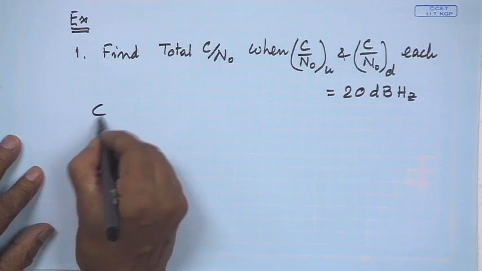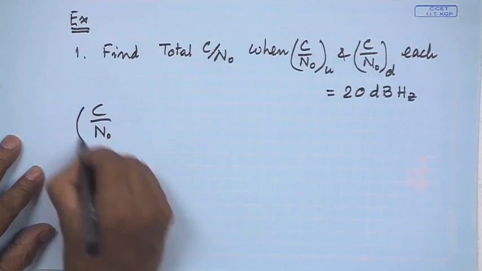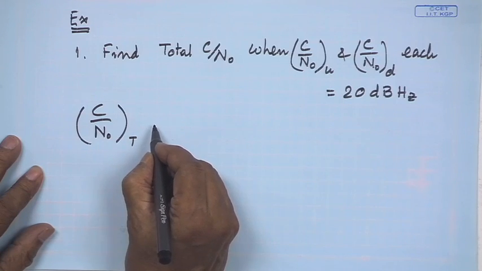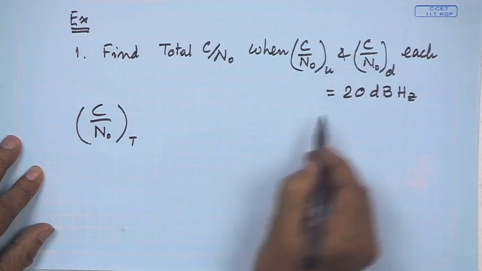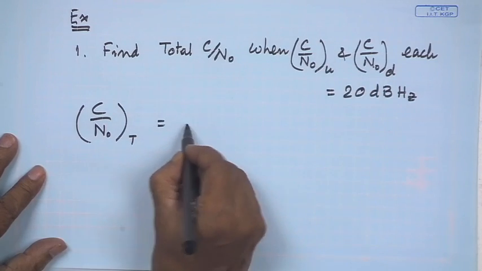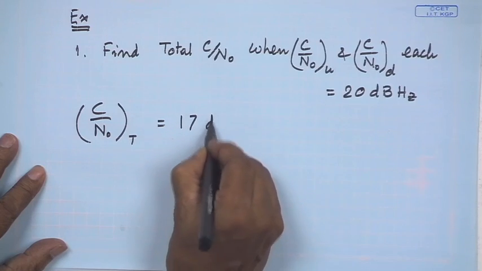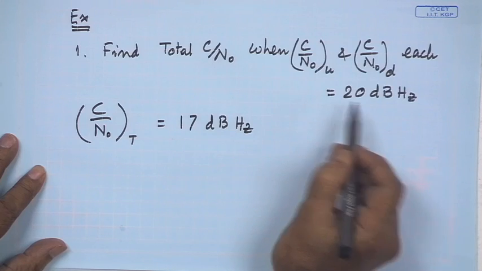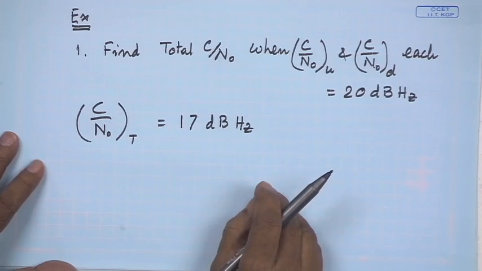Then what is the C by N 0 total? You should calculate in ratio, but as we have seen, it will be half of that, and half is 3 dB. So, it will become 17 dB hertz. When they are both same, it will be 3 dB down. So, 17 dB hertz.